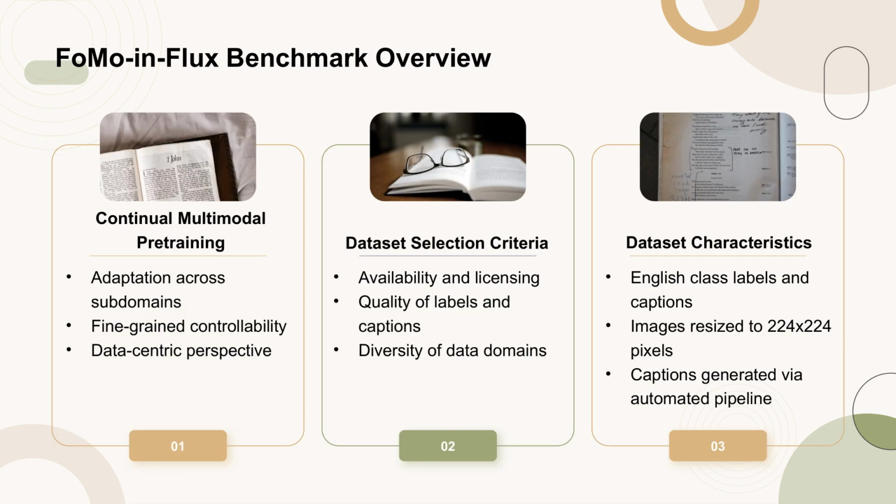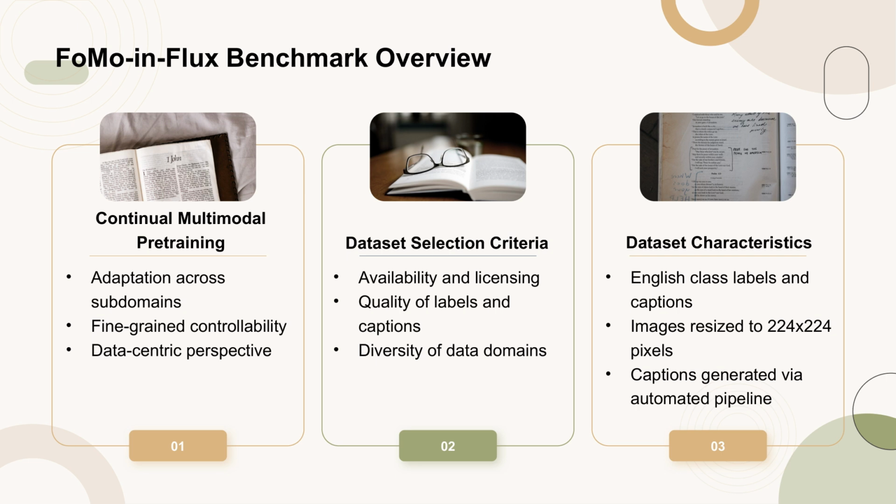The FOMO-in-Flux benchmark focuses on continual multimodal pretraining, emphasizing adaptation across distinct subdomains over long time horizons. This approach allows for fine-grained controllability of particular concepts and classes presented at respective update steps, providing a data-centric perspective.